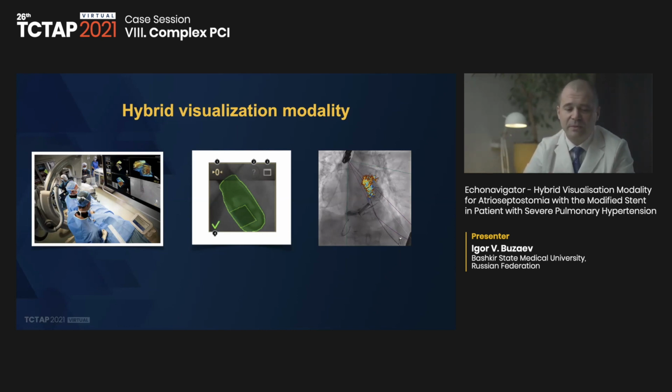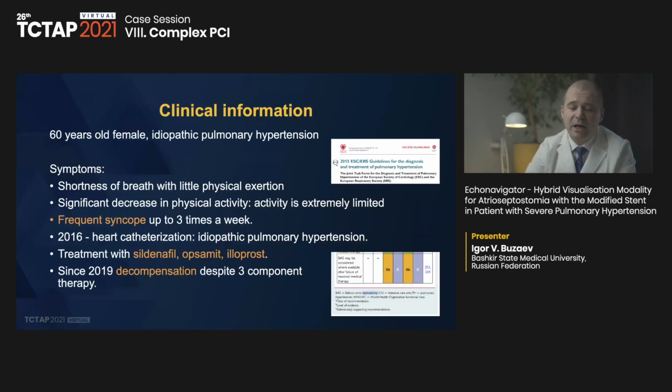And this is our case of a patient with idiopathic pulmonary hypertension. She has syncopes despite 3-component specific therapy. According to European guidelines, atrioseptostomy is one of the treatment options for this kind of patient.